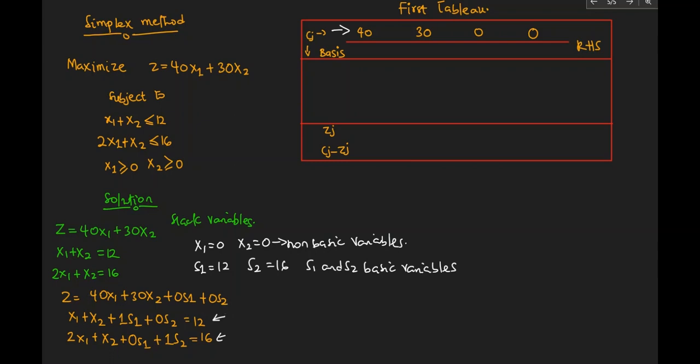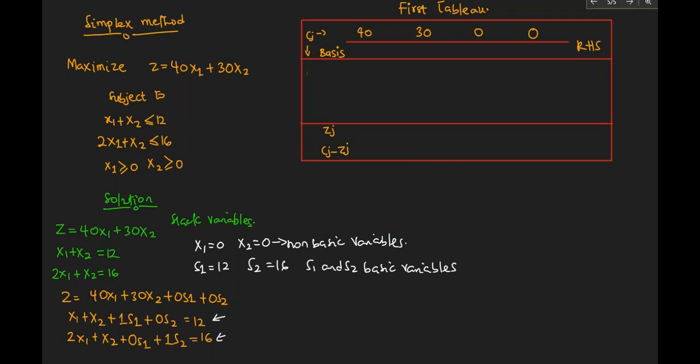That's what the first cj row means. Then you have another cj here, which will be the coefficients of the basic variables. We'll talk about that later in the video. And then we have the right hand side, which are the values that we get after setting our non-basic variables to 0 and solving for the remaining variables.